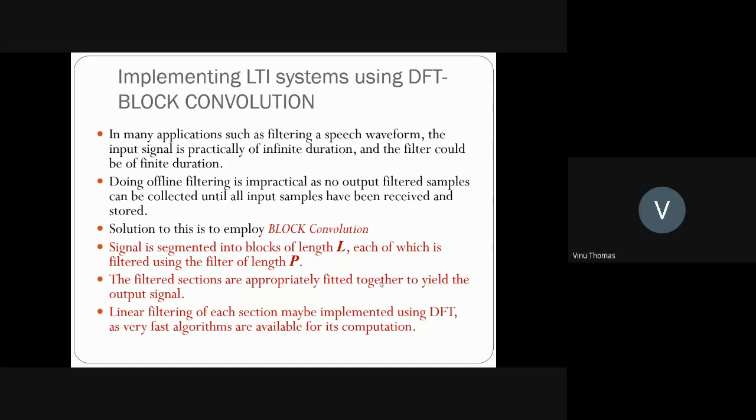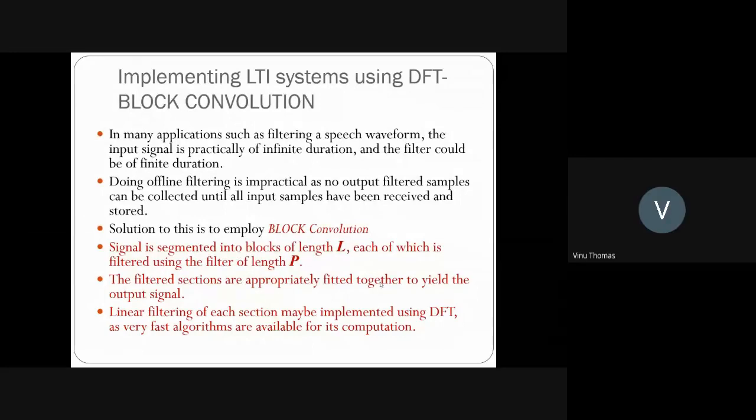What is a linear system? We will look at both linearity and time invariance. It should be very obvious to everyone. A linear system should obey the linearity property, right? Arvind?